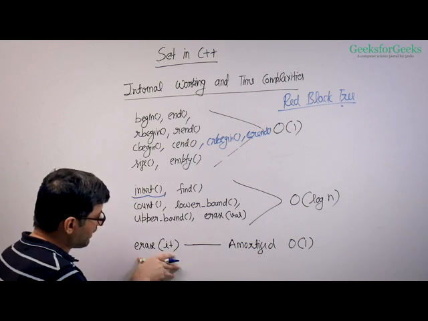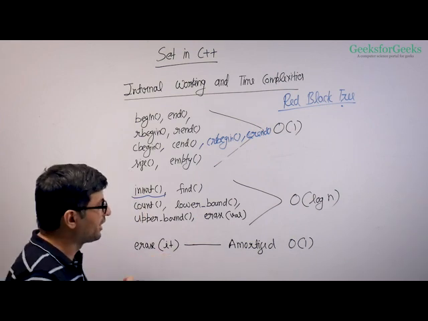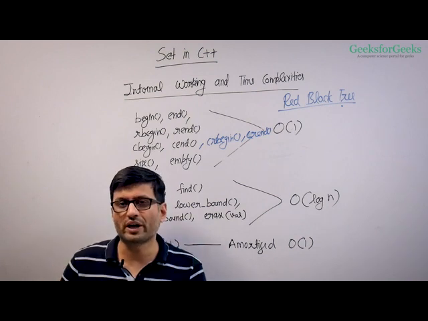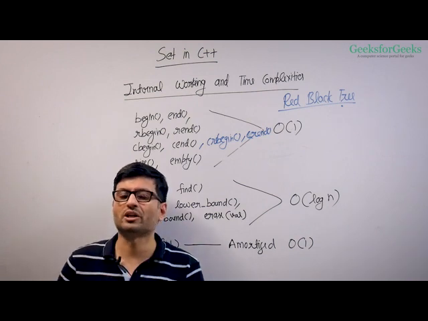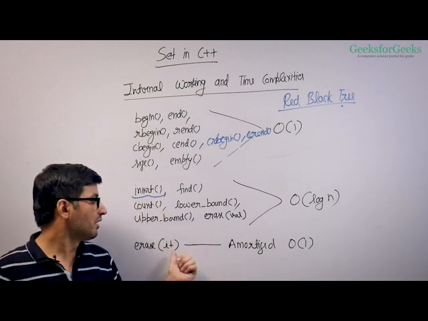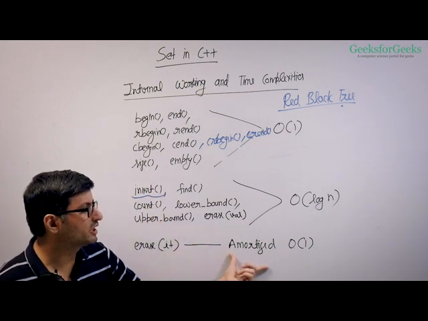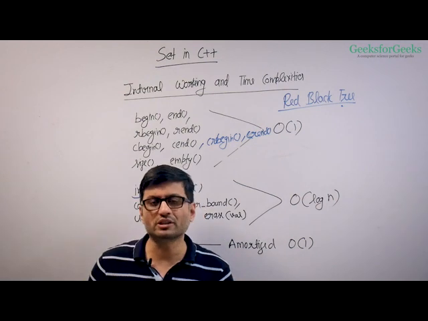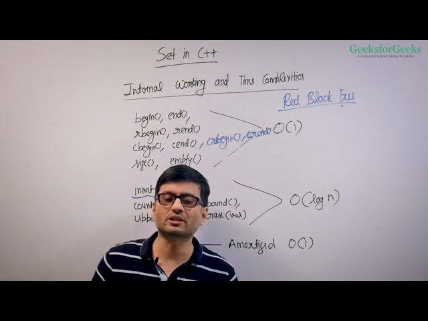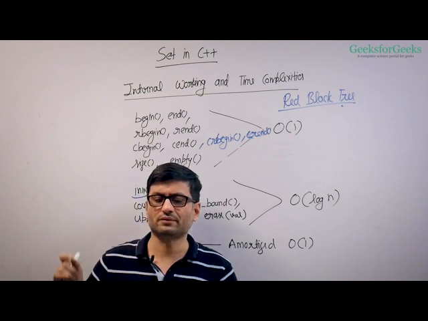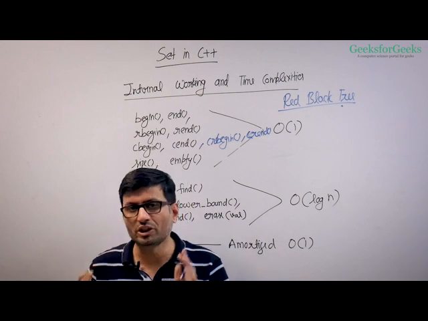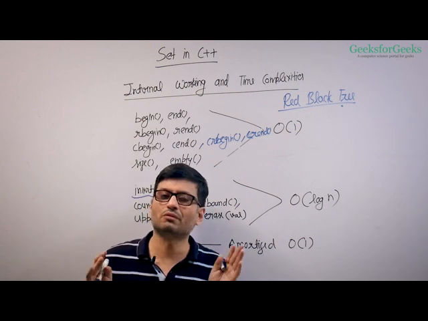Here is an interesting fact: if you pass an iterator to the erase function, which means if you have the address of a node in the red-black tree, then amortized time complexity is big O of 1. So if you are doing, say, X delete operations, and in all of them you have the address of the element to be deleted, then on average, all these operations take big O of 1 time.